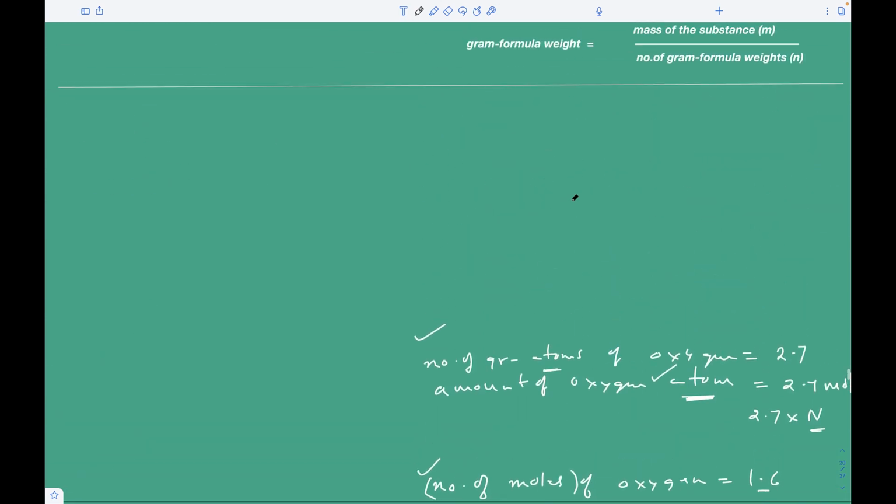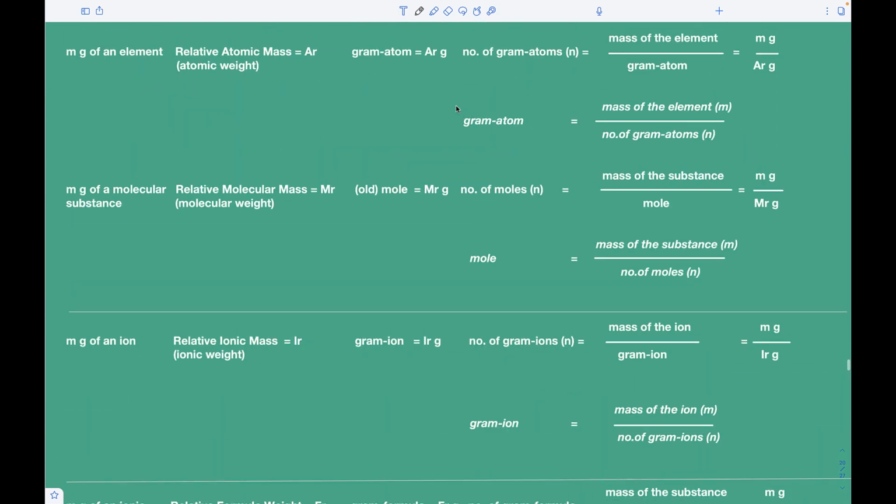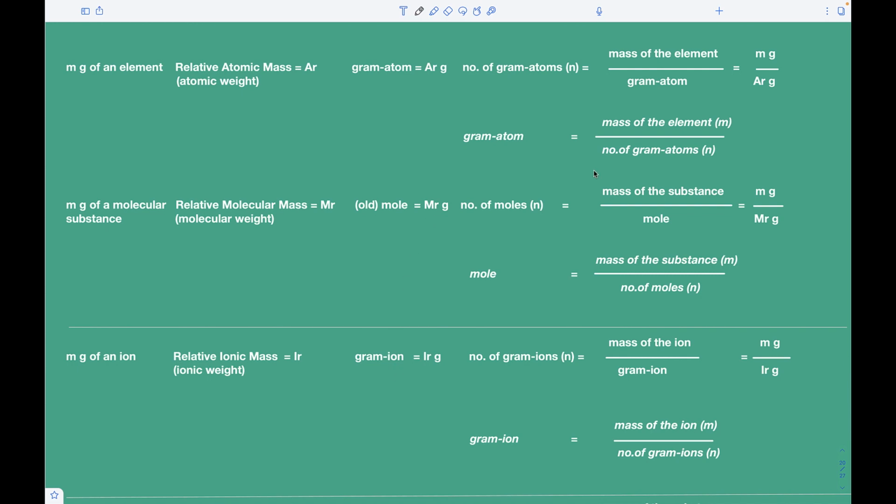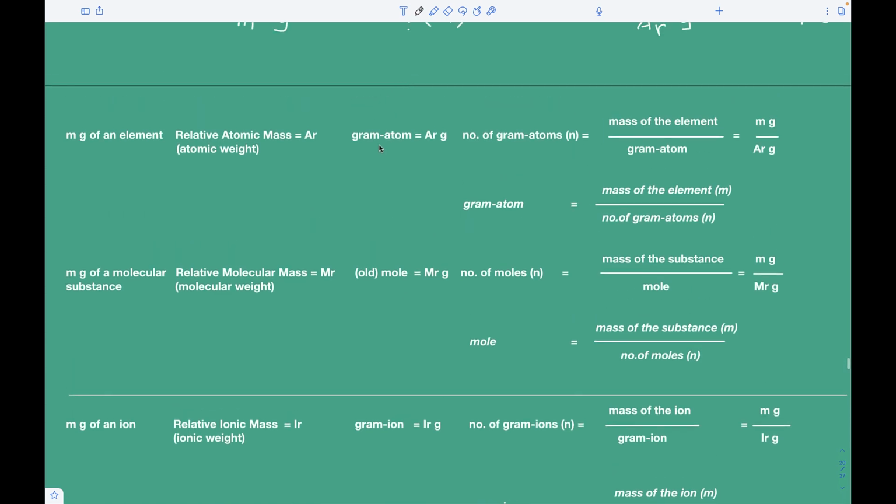Now for a moment, let's go back to our gram atoms, gram moles, gram ions, etc. For an element, by definition, 1 gram atom is equal to its atomic weight in grams. So the unit of gram atom is gram. It represents certain mass of the element. And here is the expression for gram atom.